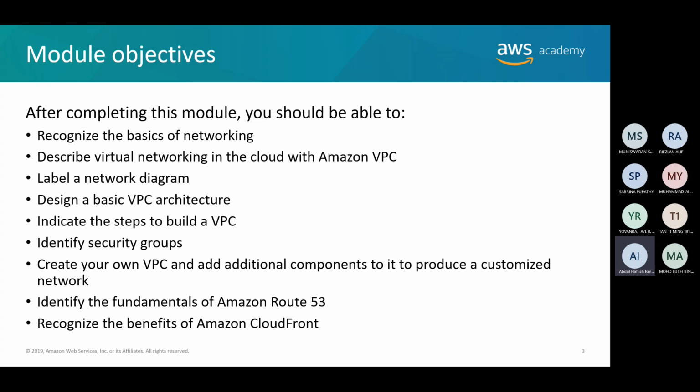So after completing this module, you should be able to recognize the basics of networking, describe virtual networking in the cloud with Amazon VPC, label a network diagram, design a VPC architecture, indicate the steps to build a VPC, identify security groups, create your own VPC and add additional components to it to produce a customized network.